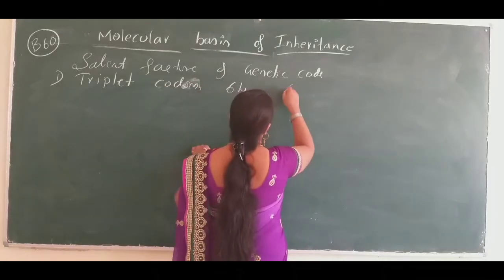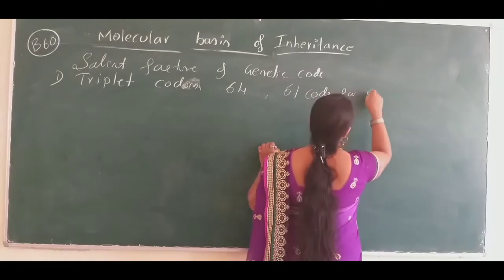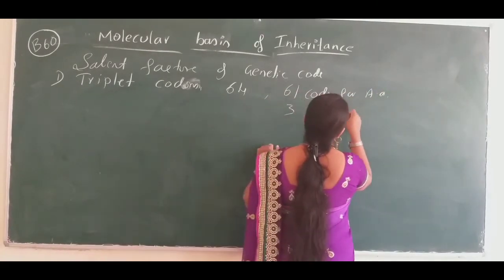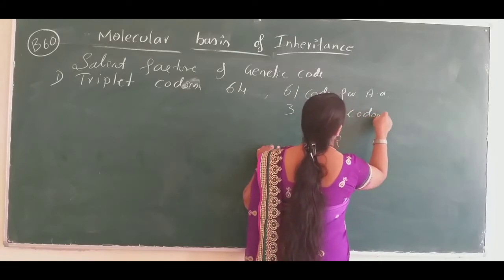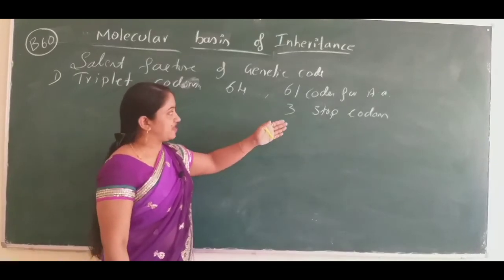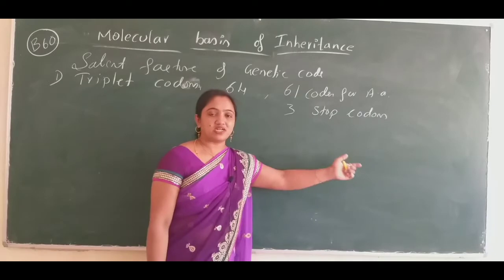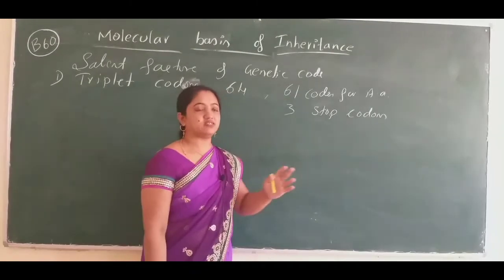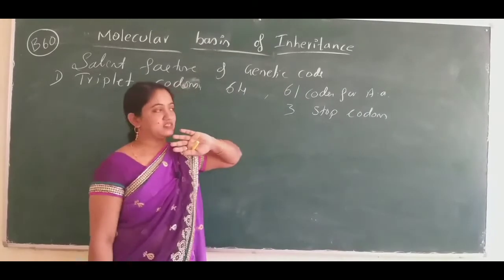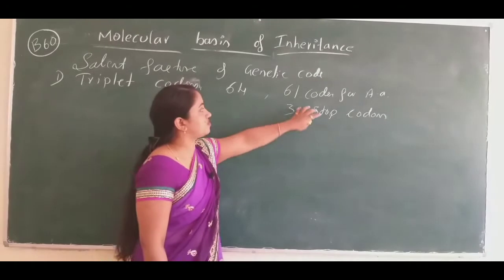Out of 64, 61 code for amino acids and the other 3 are known as stop codons. Stop codons in the sense, wherever the 3 stop codons are present, there the translation process ends. They do not further code for any amino acid. So that's why it is known as stop codon.